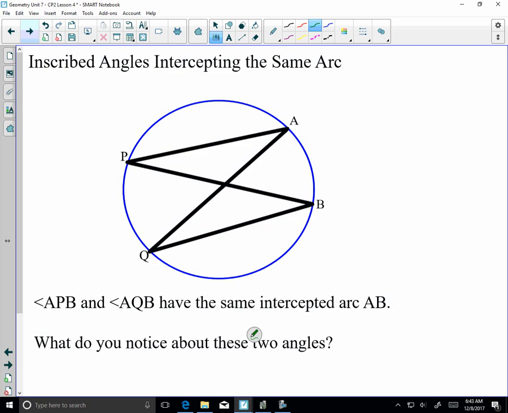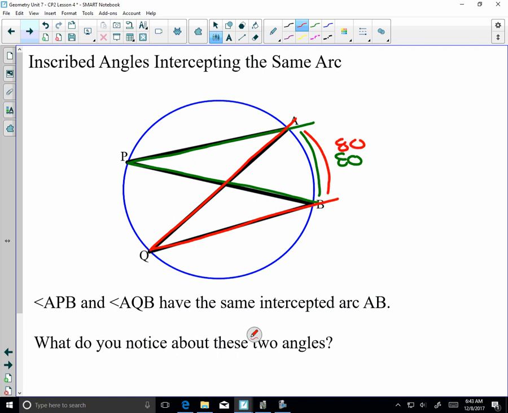Okay, inscribed angles that intercept the same arc. So I have this angle here, angle APB, that intercepts this arc. Let's give this arc measure a distance. Let's call it an 80. Then we have a second inscribed angle, AQB, that's also intercepting the same arc.